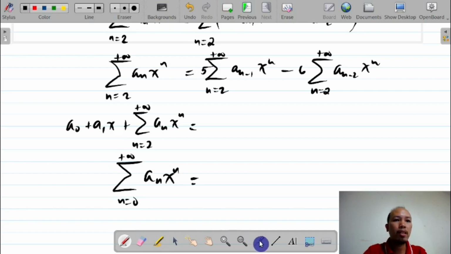So if you expand the left hand side, a sub 0 x to the 0, we have this one. When it's equal to 1, we have this one here, x to the 1. And then when it's equal to 2, we have this one here. Okay? How about this expression here?